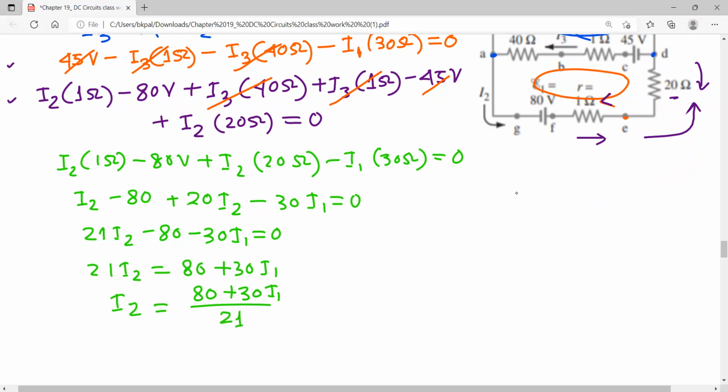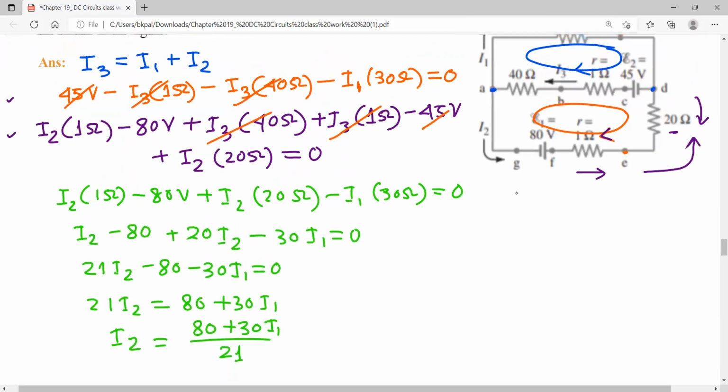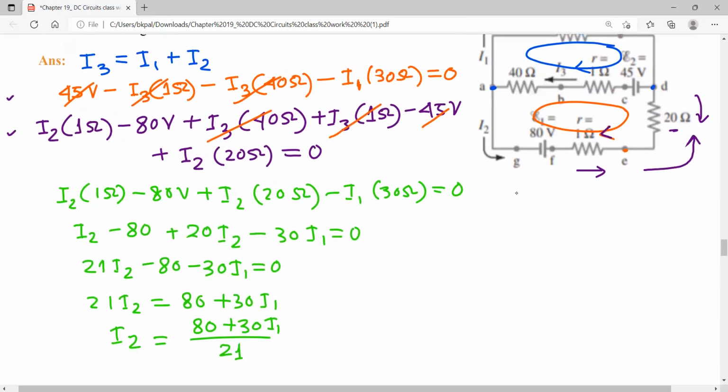All right. Now, here you see that we have two unknowns, I2 and I1, so this equation is not too useful yet. To make it useful, let's use the upper loop again.